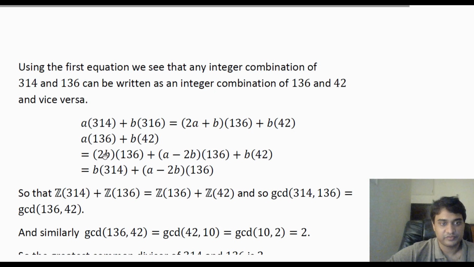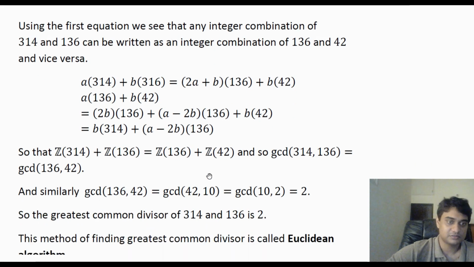If we factor out B here, from 2B times 136 and B times 42, it's B times (2 times 136 plus 42), which equals 314. So it's B times 314 plus (A minus 2B) times 136. So we have written this as a linear combination of 314 and 136.